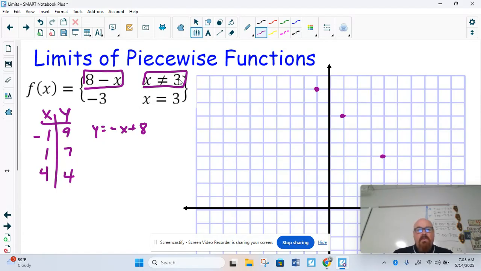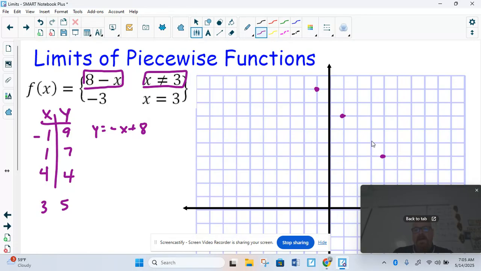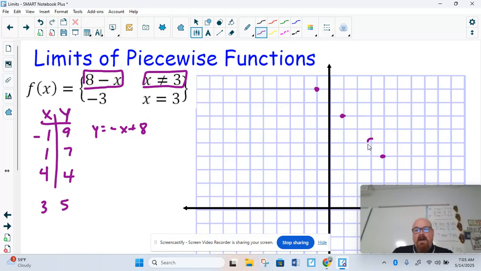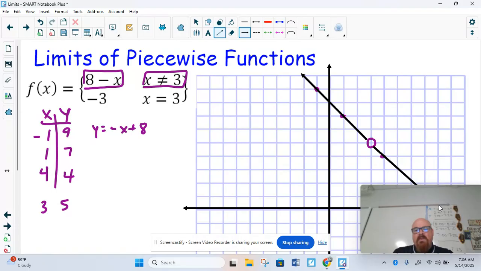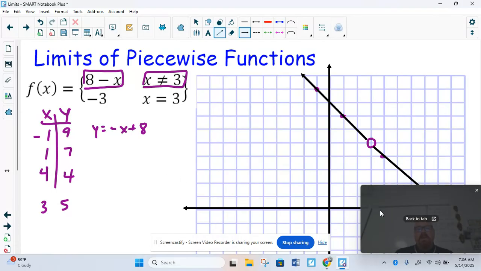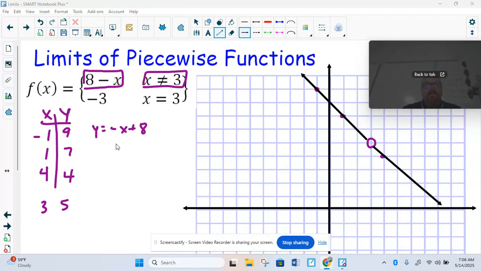If I put 3 into this function, it would be 3, 5, right? However, when I go to 3, 5, which is right here, I'm going to put a hole in the graph because I'm not supposed to include where x is 3, right? So now this graph takes a little bit more of its shape. So we get something that looks like this.